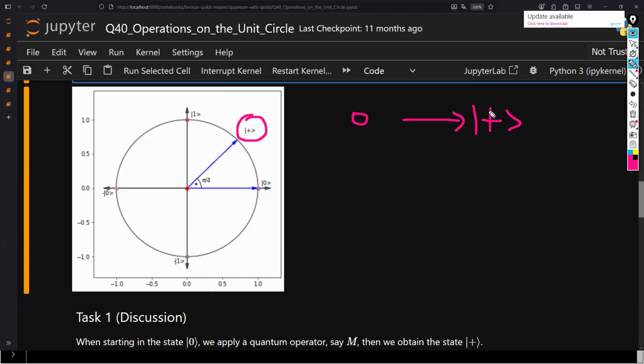We can get to the plus state by applying a Hadamard gate from the 0 state. So these are the two states that you see in this first scenario.